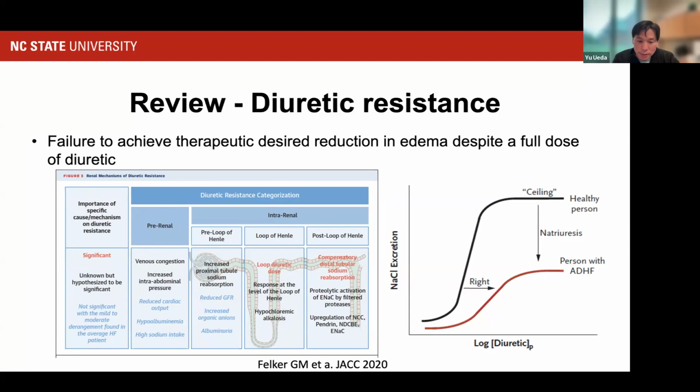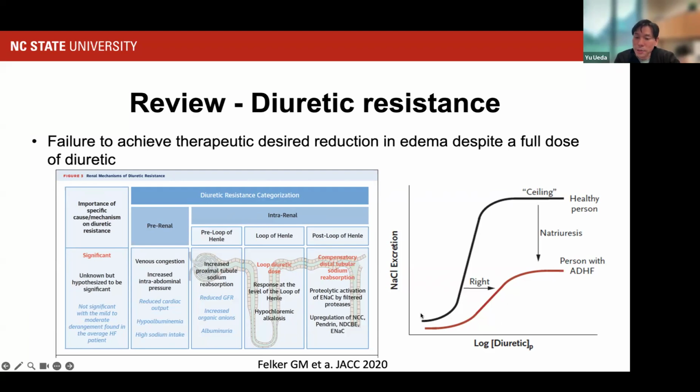Hypochloremic alkalosis is actually one of the major contributors or mechanisms in developing diuretic resistance. And when they have acute heart failure, decompensated heart failure, they have a decreased effect of diuretics, such as loop diuretics, even if they have the same plasma concentrations.